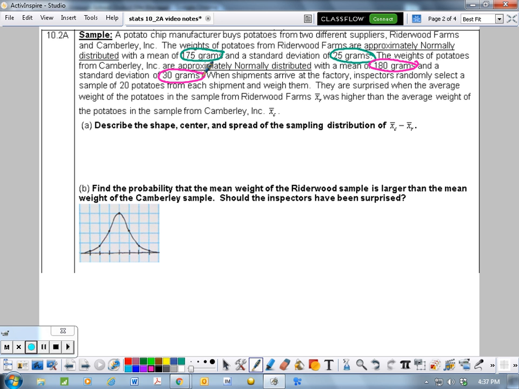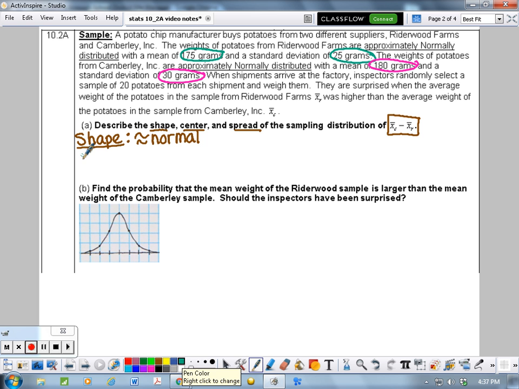So let's look at the shape, the center, and the spread of the sampling distribution of XC minus XR. So we're looking at Camberley minus Riderwood. And so the shape should be approximately normal, because both of the original distributions were approximately normal. So when we combine it, it should still be approximately normal.